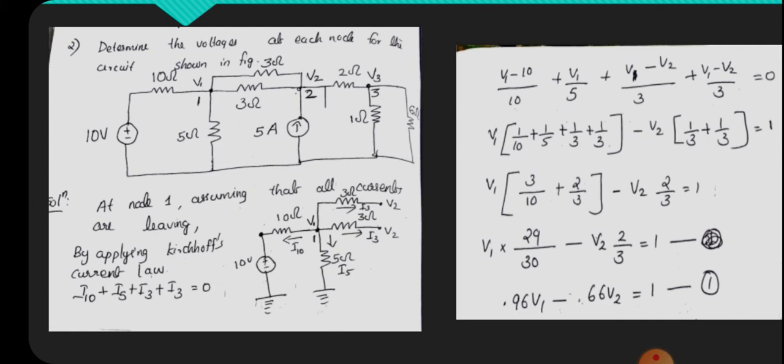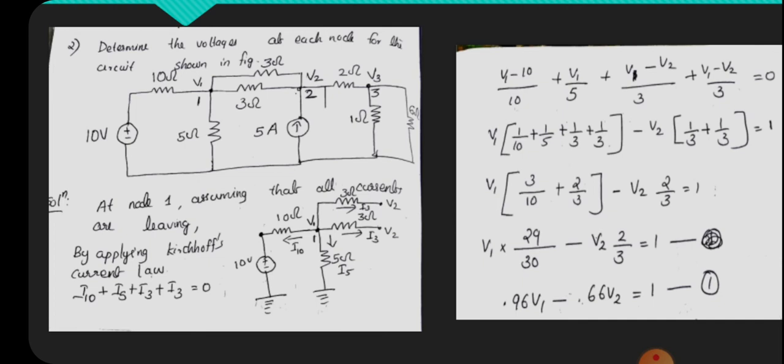The circuit is a little bit lengthy. In the circuit there is a 10 volt battery, and different resistors: 10 ohm, 5 ohm, 3 ohm, 3 ohm, a 2 ohm resistor, a 1 ohm resistor, and another 6 ohm resistor. Also there is a current source. Either you can go for nodal analysis or mesh analysis, and here we are going for nodal analysis because we are dealing with nodal analysis methods.